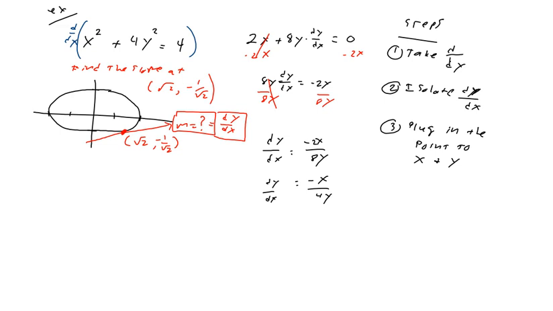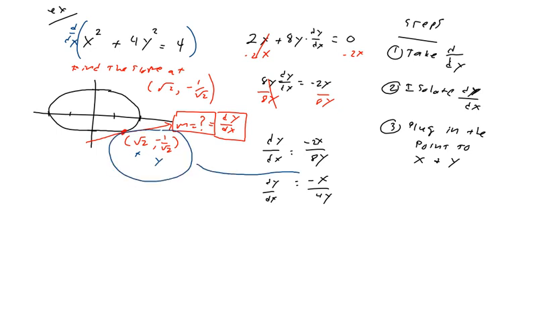Now I'm going to take this point here, this square root 2, negative 1 over root 2. This is x and y. I'm going to plug it in to here. Plug in my point, my x, my y. Actually, let me rearrange. This is x and y. Take this one.